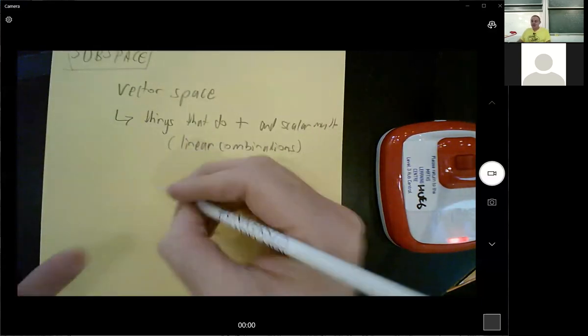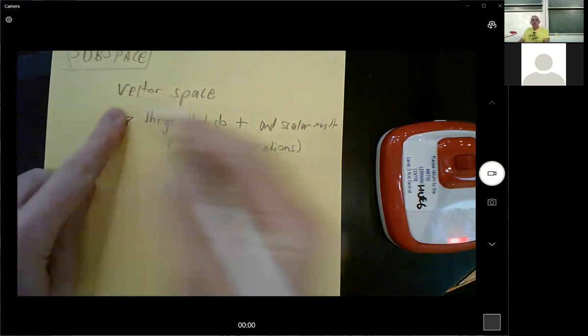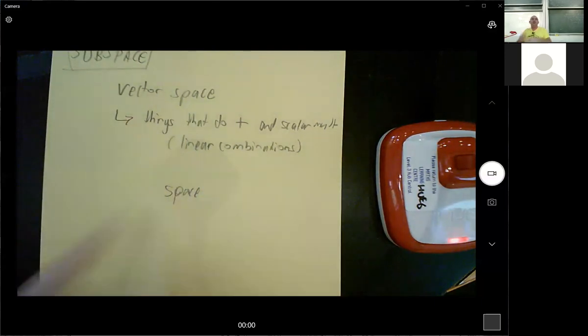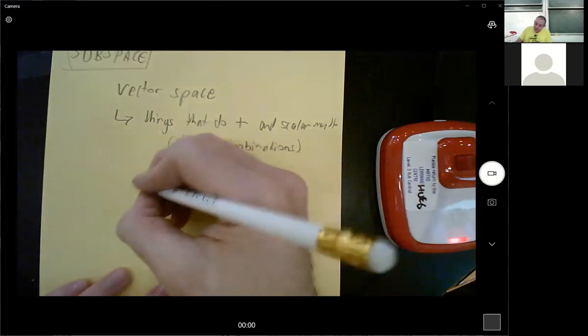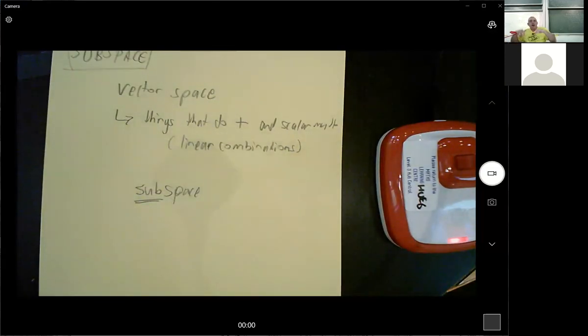So the reason it's a space is because we're referring to vector space, and the concept of space is three-dimensional space. And it's a subspace because it's inside another space.